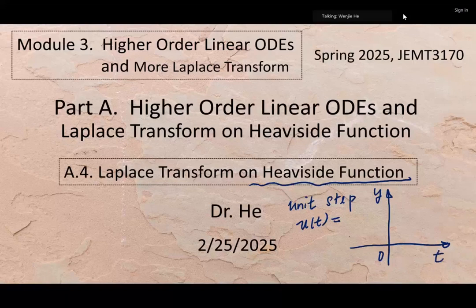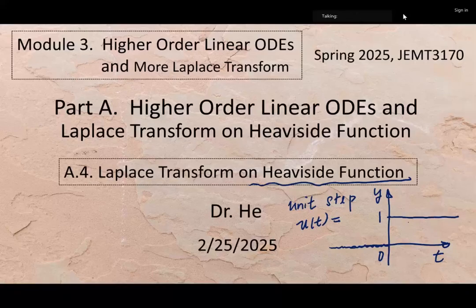When t is less than 0, the u function takes the 0 value. Then after 0, it quickly jumps to 1 and stays constant. So this is the unit step function or Heaviside function.